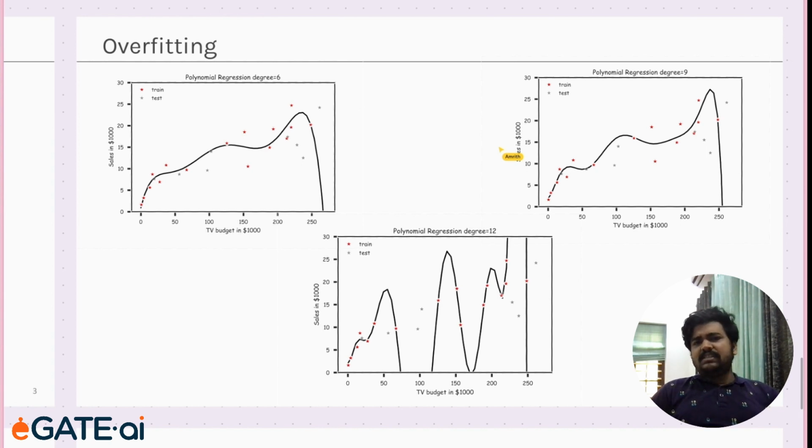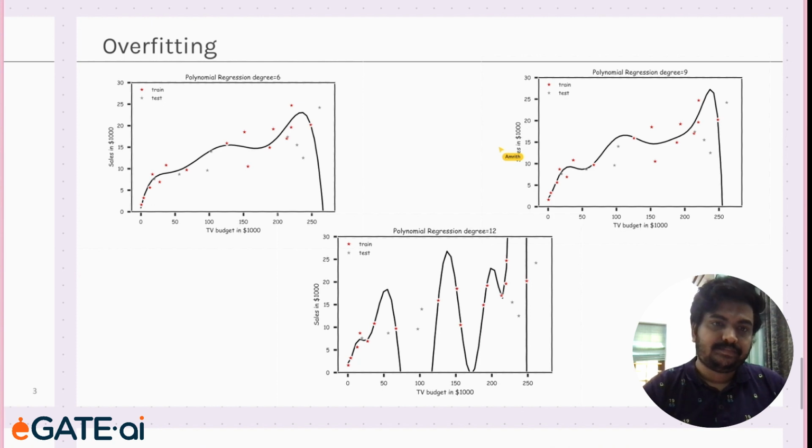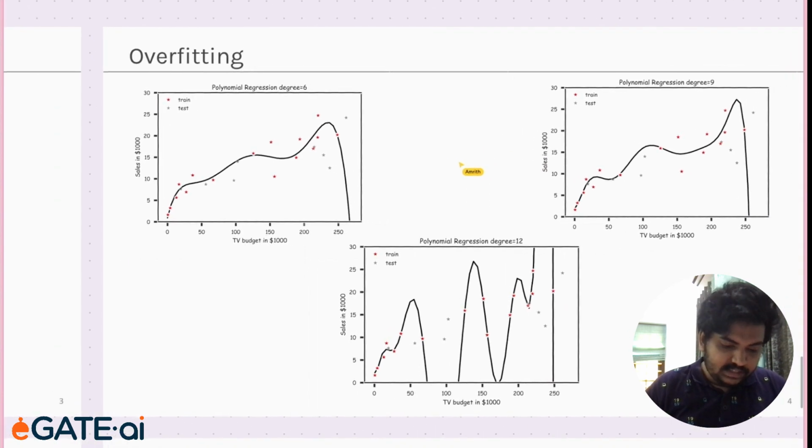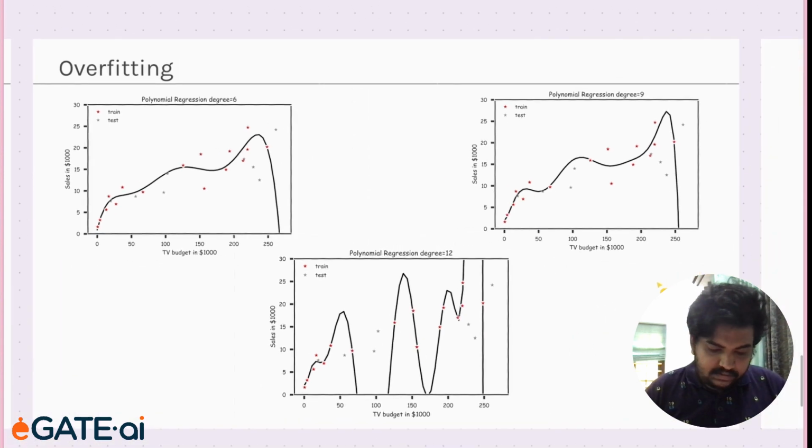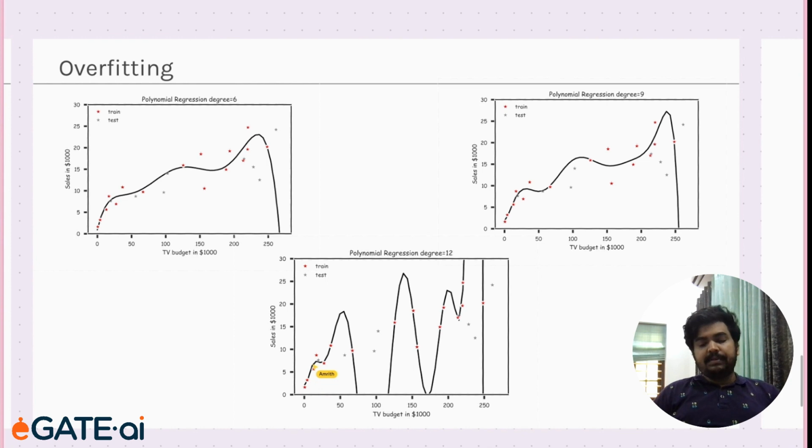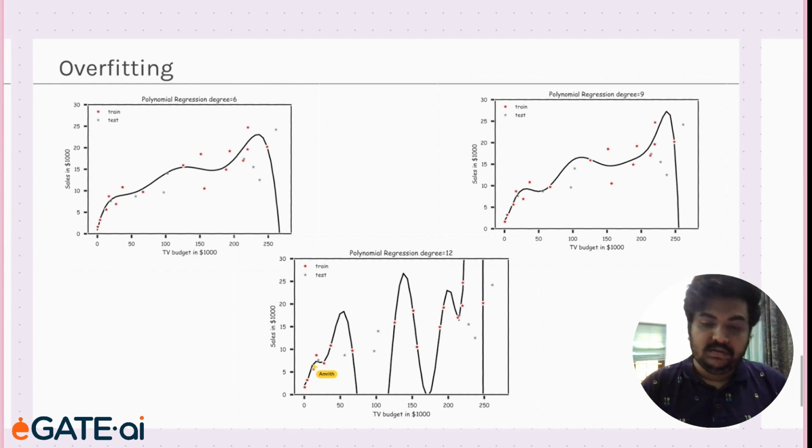So what does this overfitting of the data mean? If you look here, with a polynomial regression of degree 6, I am able to probably cover more data points. With 9, it increases. With 12, it further increases. But really, does it represent the true function that we want to learn?